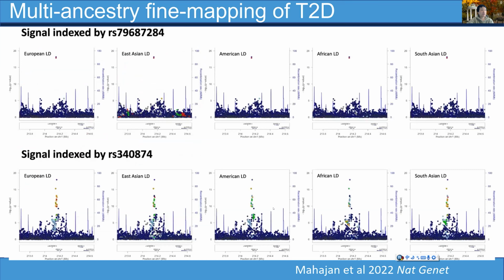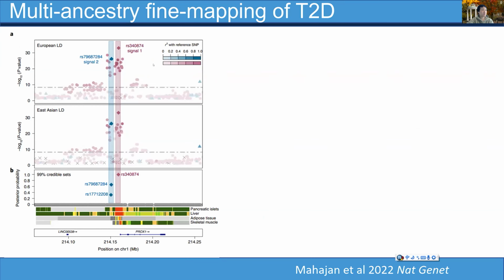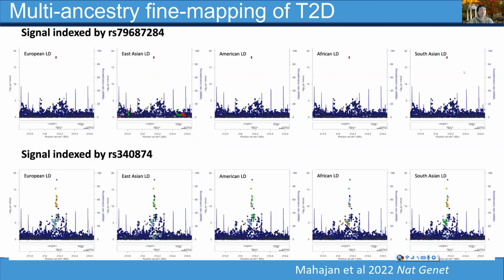And again, from a large number of variants showing genome-wide significance at the locus in both European and East Asian ancestry, the ability to pinpoint only those 3 variants is largely thanks to differential LD patterns across the different ancestries.